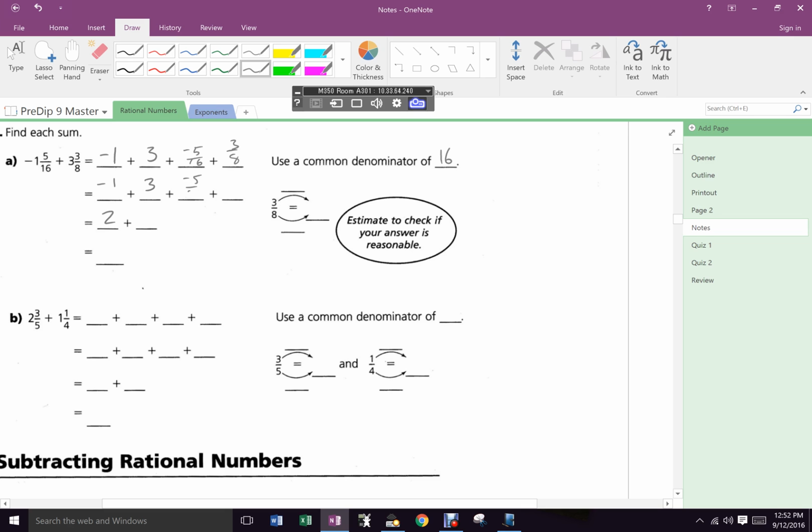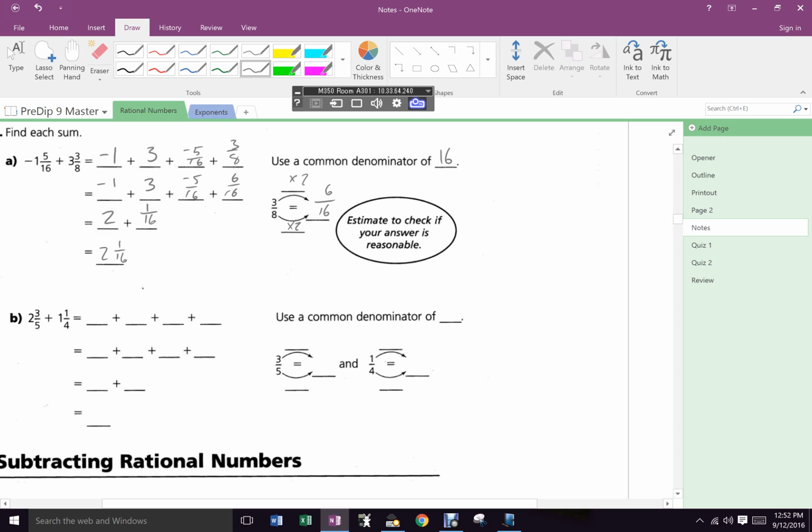Negative 5/16 is not changing. 3/8 is becoming what? What's negative 5 plus 6? That's positive 1. Positive 1/16. So 2 plus 1/16 is 2 and 1/16.